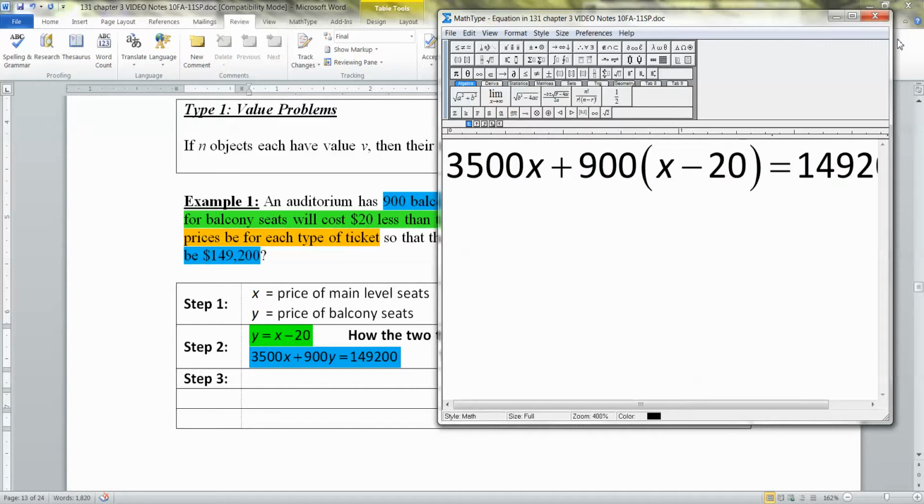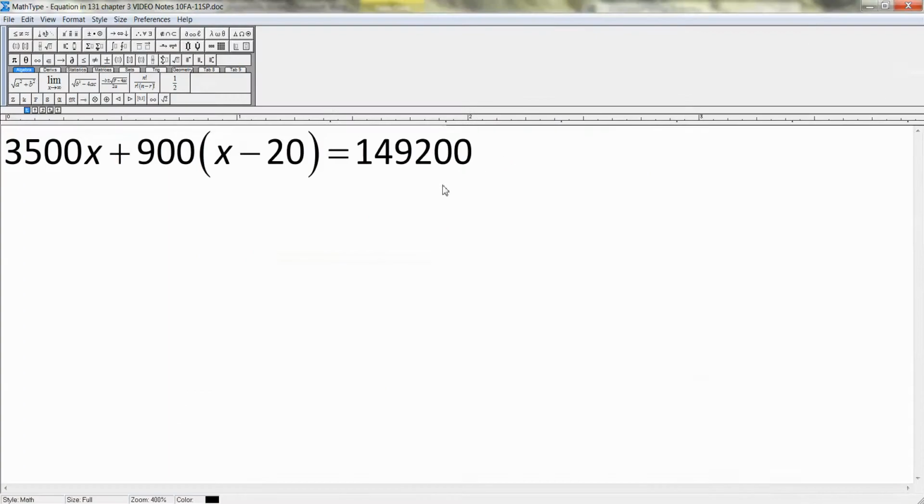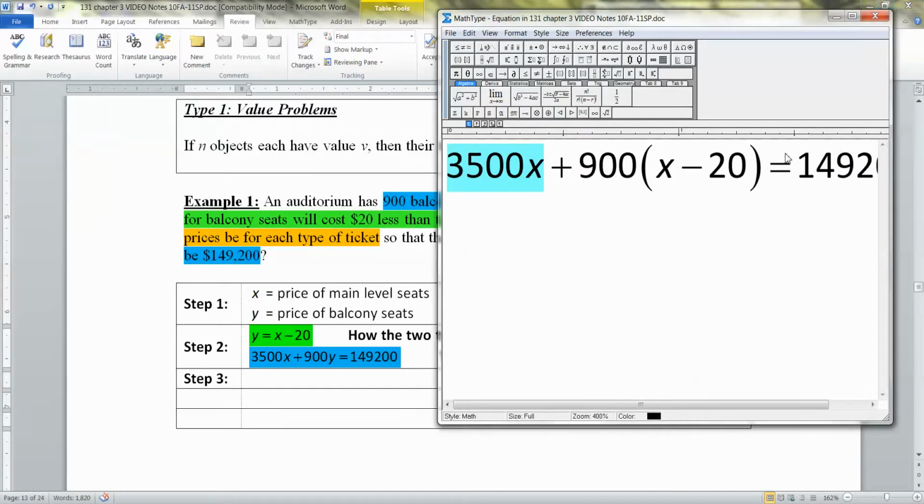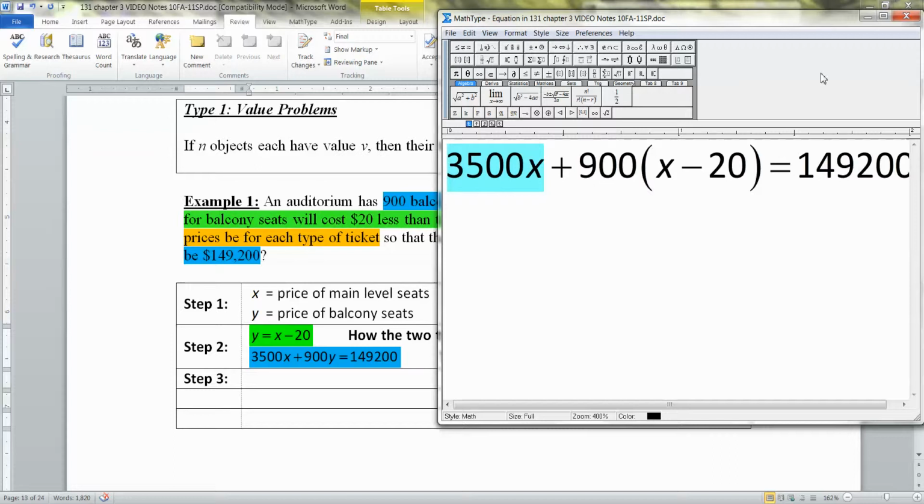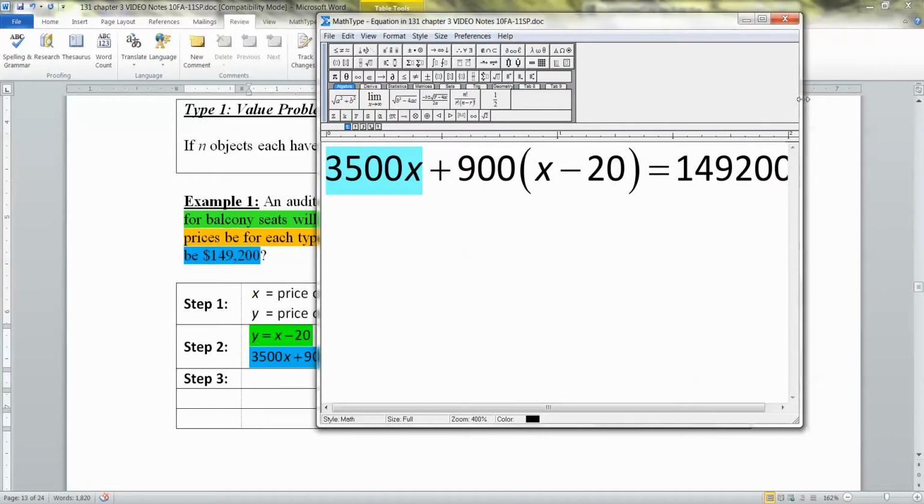You can substitute right away. Instead of writing 3,500x plus 900y, you could write 3,500x plus 900 times (x minus 20), because that's what we said y was equal to. And then solve this for x.